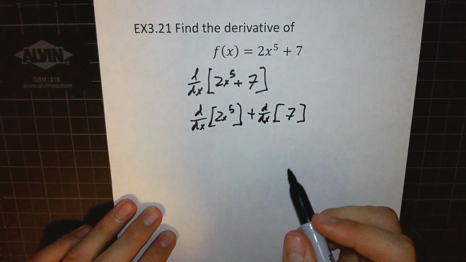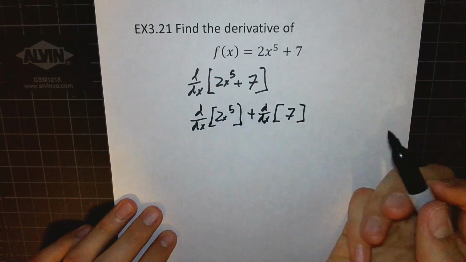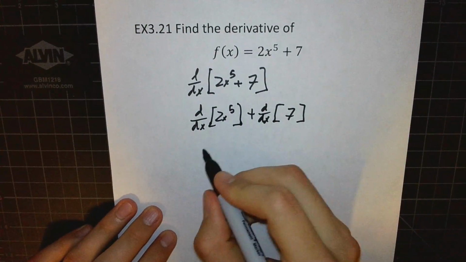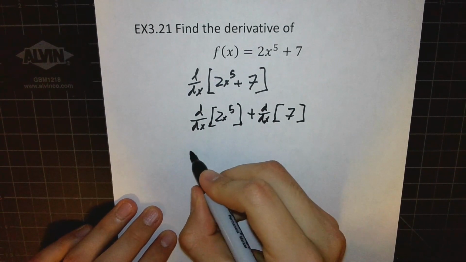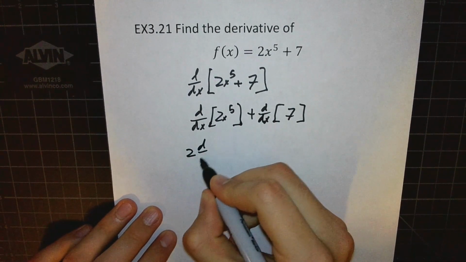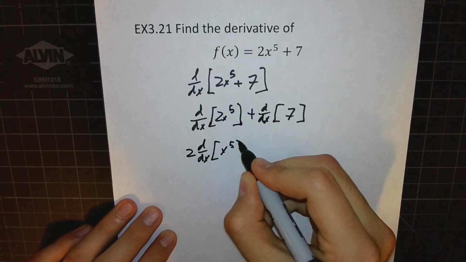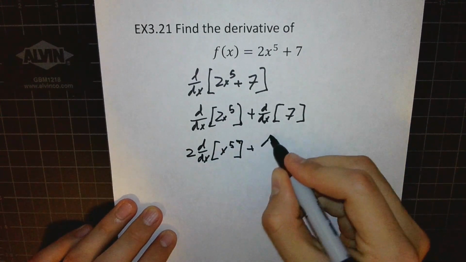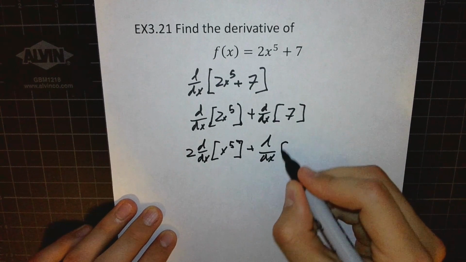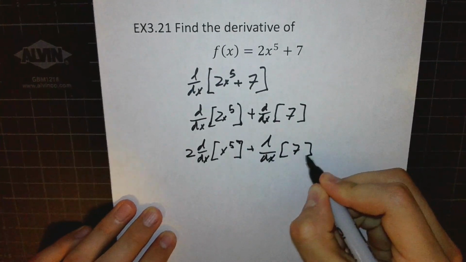And we have a constant in front of this, so we can move this out. So again, this is 2 d/dx of x to the 5 plus d/dx of 7.